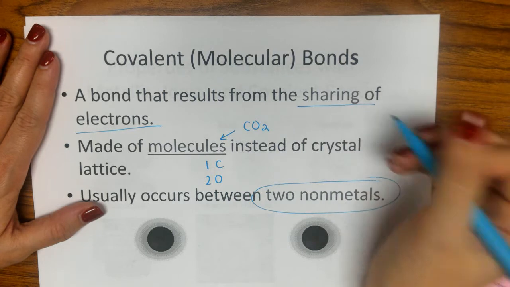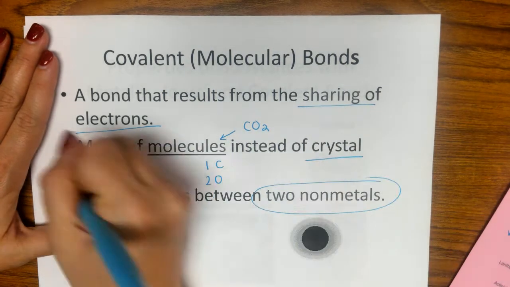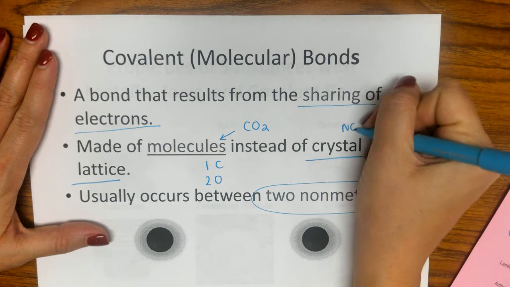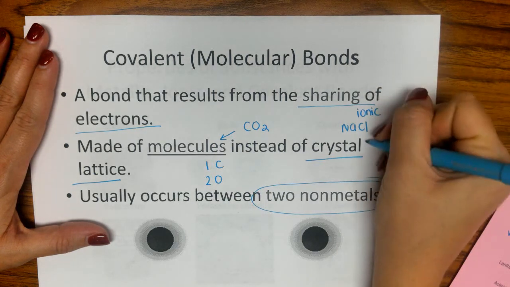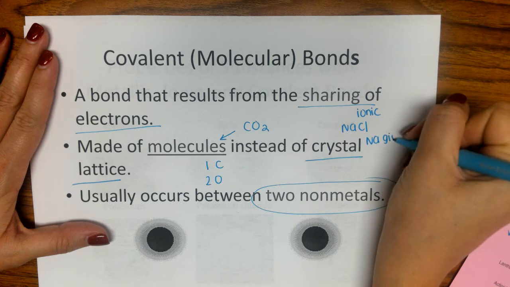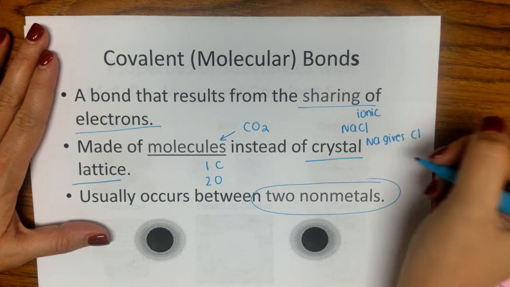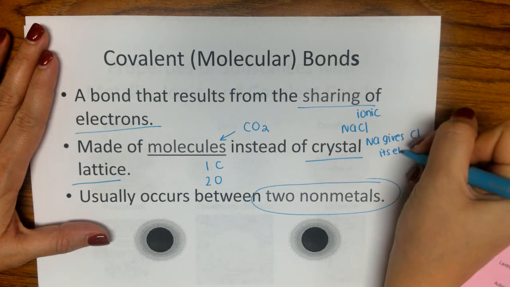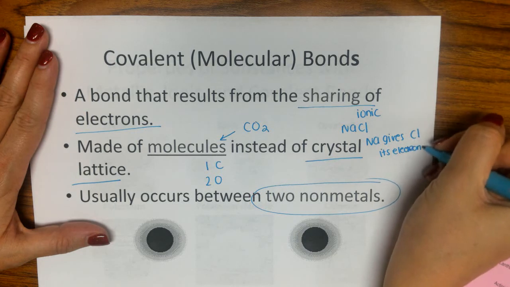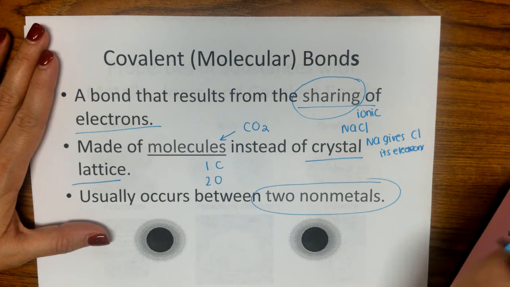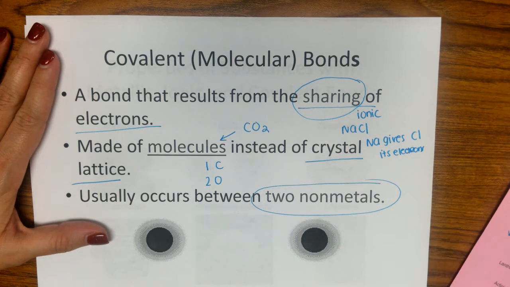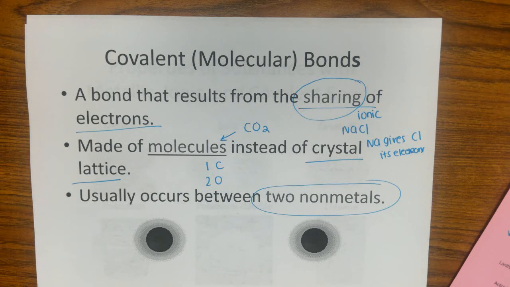It's different than an ionic compound, which forms a lattice, like NaCl, because in an ionic compound, Na gives chlorine its electrons. That doesn't occur in covalent compounds. They share them. Like, you know, you share with your brother and sister like you learned in kindergarten. Same thing. Yes, so big difference. And big difference in how they draw them.